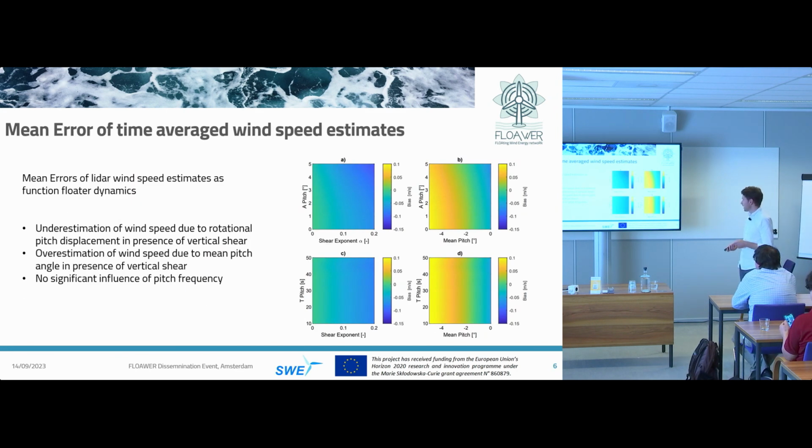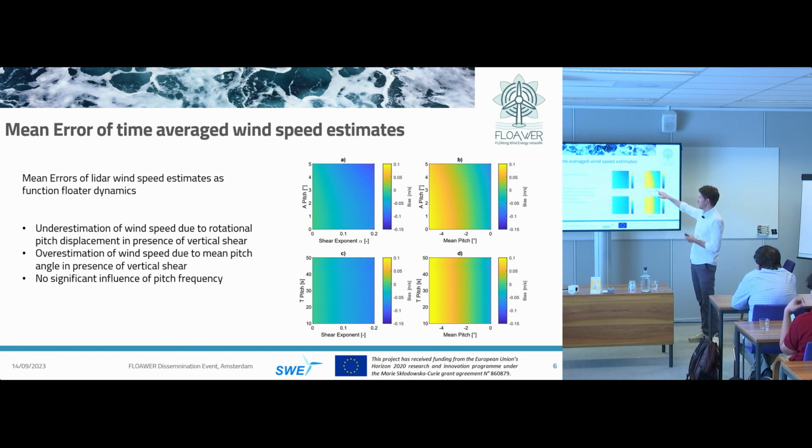So looking at some results of this, first of all, mean error or bias in the measurement. When we look at time averaged values, we ask ourselves, is there a bias in these time averaged wind speed measurements? Using our models, we can do these kinds of color maps, and this is a parameter study.